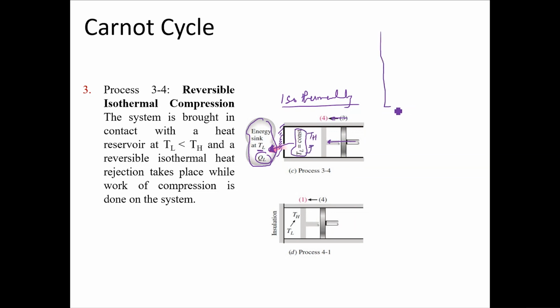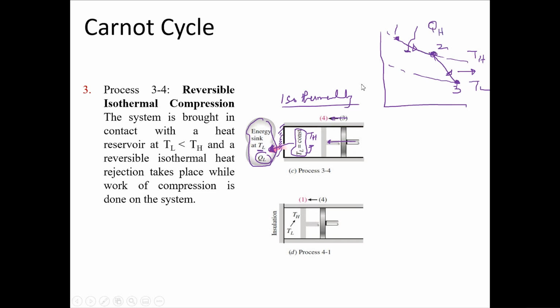So if you see the cycle over here, this was your initial temperature line, high temperature line TH. This is your low temperature line TL. Your system moved from 1 to 2 and from 2 to 3. This is essentially your first half of the cycle: work out generated, and heat QH being supplied to the system.